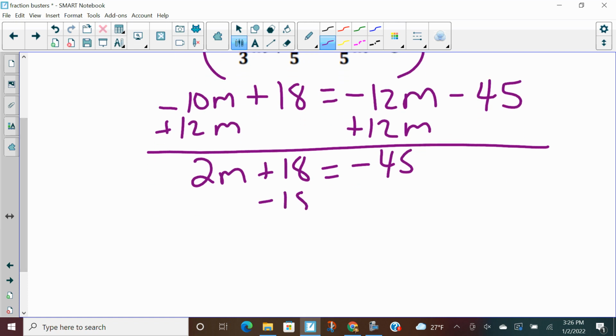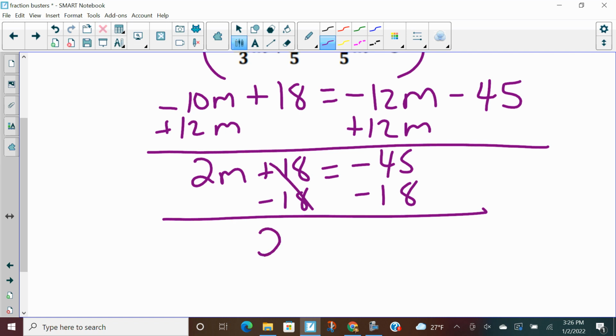Subtract 18 from both sides. 2m equals a negative 63.